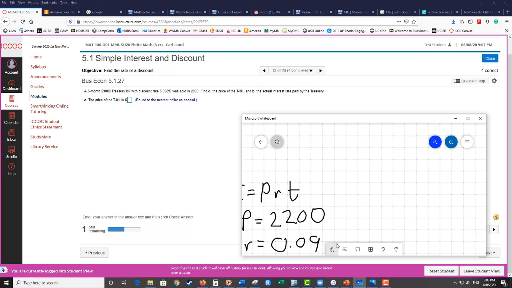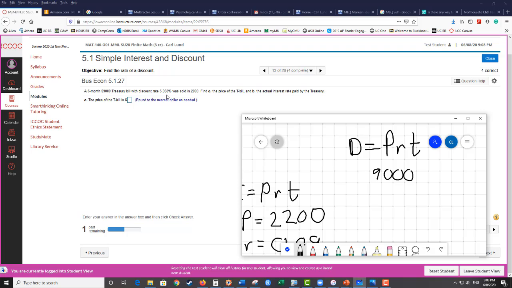I equals PRT. Here, instead of interest, we're talking about what's called the discount. But it's the same thing. So the discount is principal times rate times time. The principal is the face value of the treasury bill. So it's $9,000. The interest rate is what you get here.